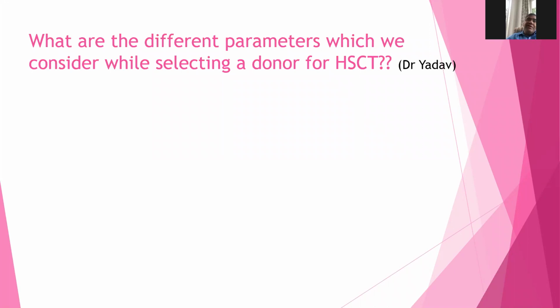And then a younger donor is what we prefer in age. So if we have multiple donors on an unrelated registry, then go for a younger donor. Look at the gender of the donor. A male donor is usually preferred as compared to a female.